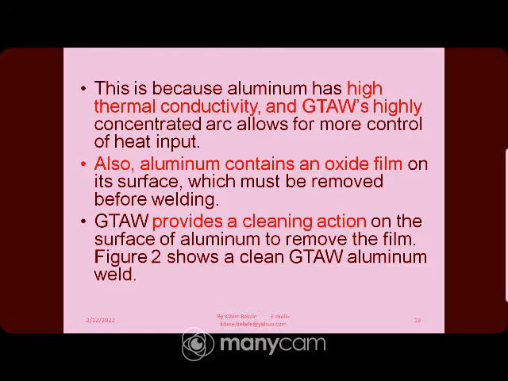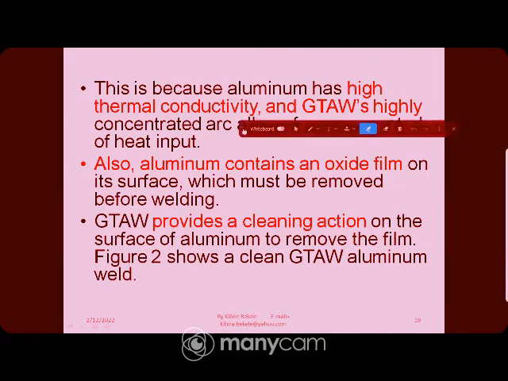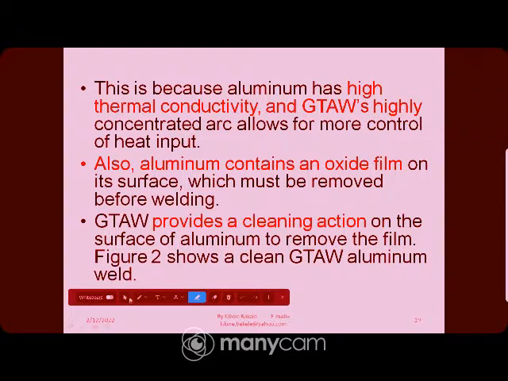This is because aluminum has high thermal conductivity, and gas tungsten arc welding has a highly concentrated arc.